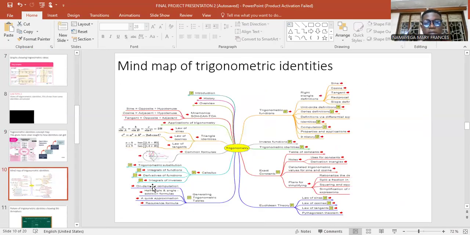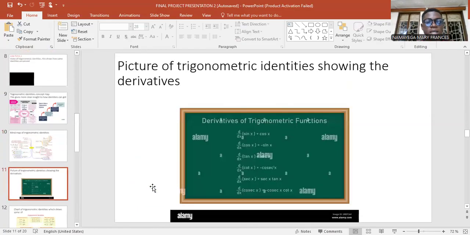Then we have the mind map. This has all the parts that can be used to have the trigonometric identities, as we had where we have the half angles, triangle identities, common formulas. So these can be used to work upon the identities.